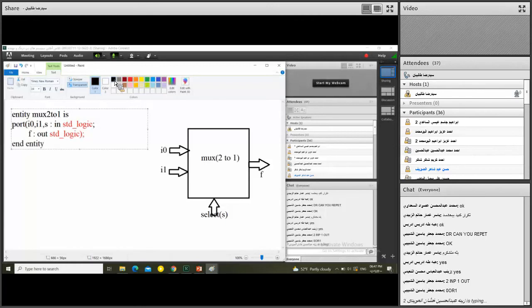Okay, but what does it mean, Std Logic? As I told you, after the development of VHDL, IEEE supported the VHDL. And IEEE produced many libraries and packages for VHDL.